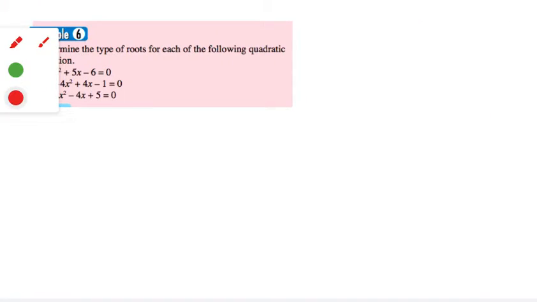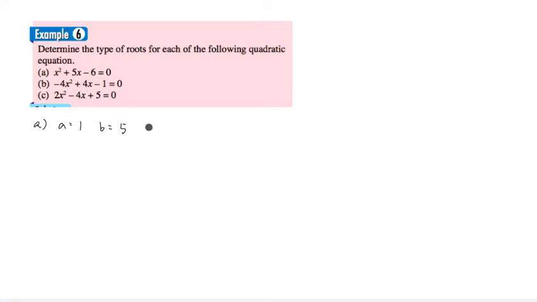Now let's see number 1. We list out a, b, c. a equals 1; x squared plus 5x, so b is 5, and c is negative 6. I want to know the type of root. There are three types of root.